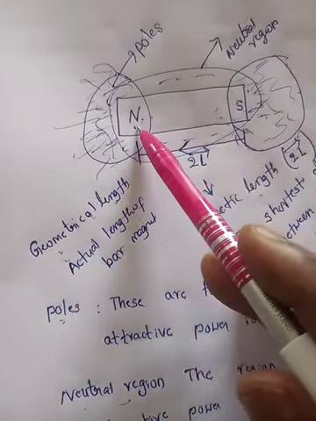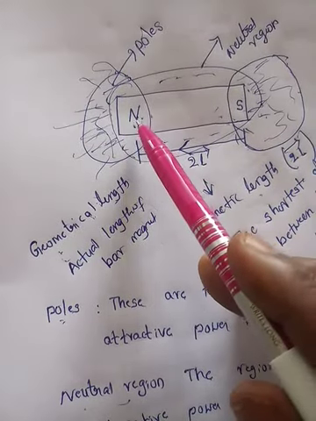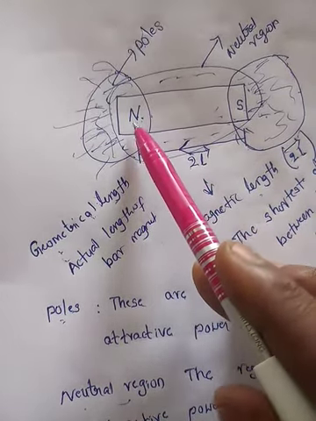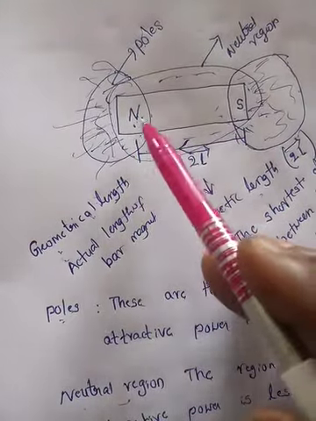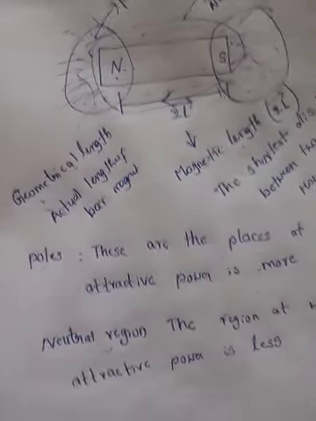But here, these poles are not lying at the ends. So, the shortest distance between the two poles of the magnet is called magnetic length, and the actual length of the magnet is called geometrical length.